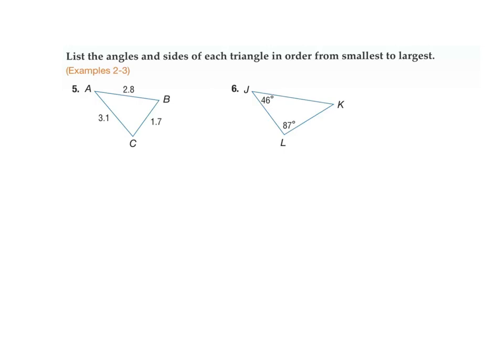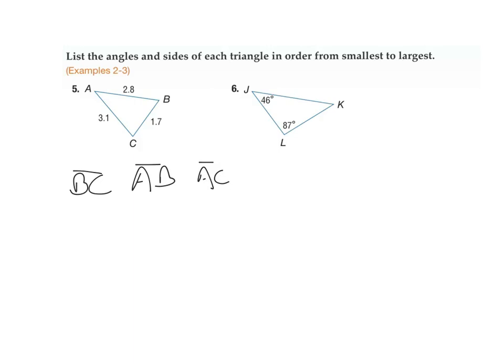Okay, so let's have a look at question number 5. Putting them in order, BC. Line BC, 1.7. 2.8 is AB. Put them in order now. Third one, 3.1 AC. So there's the angles. Okay, and don't forget the smallest side is opposite the smallest angle.